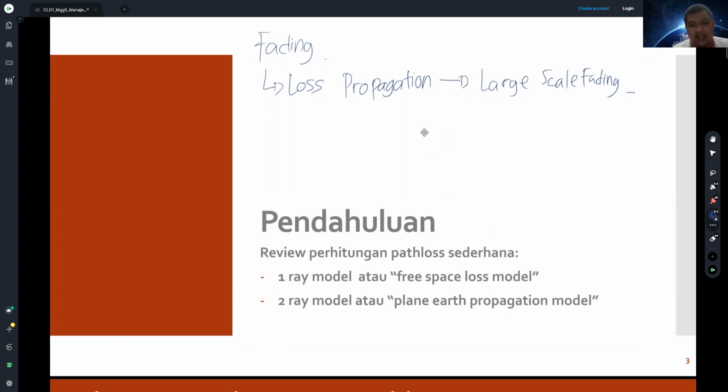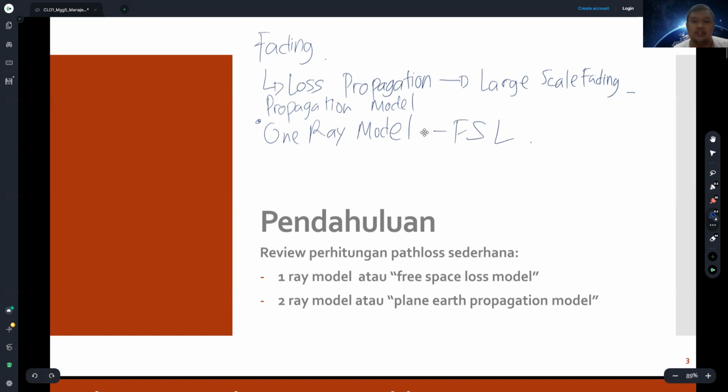The first one, the most basic, fundamental one, is what we call the one-ray model, or the free space loss model, usually called free space loss.